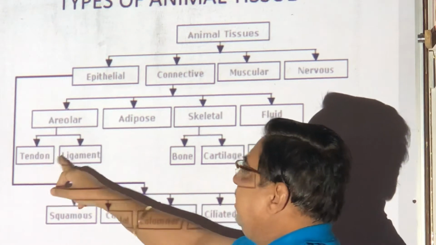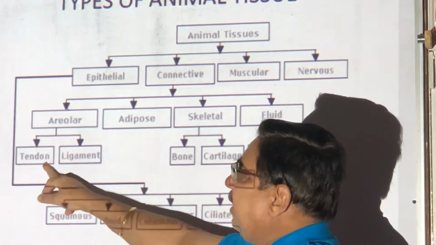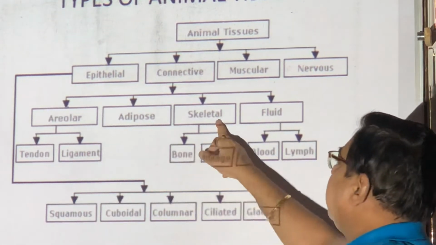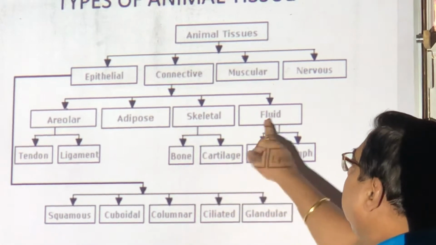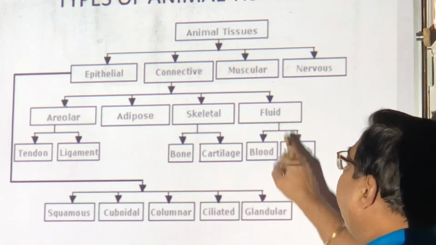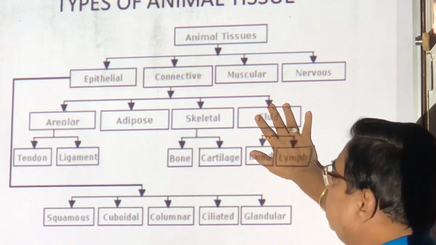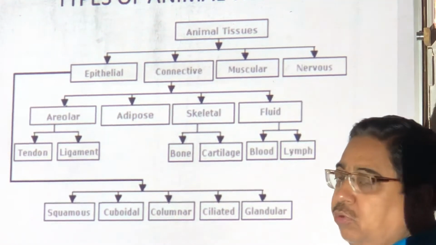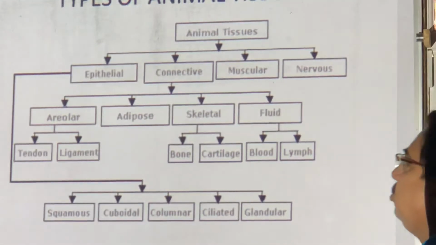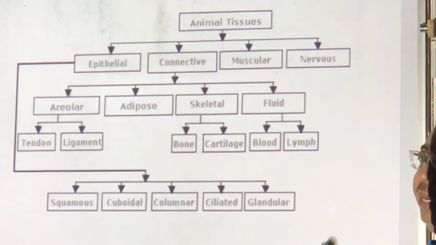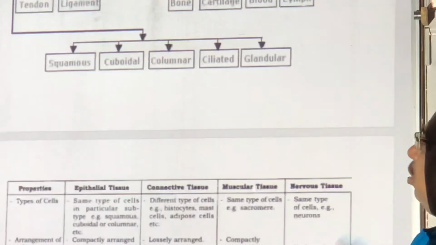Areolar is in tendon and ligaments, very important for our 11th standard. Skeletal is in bone and cartilage. Fluid is in blood and lymph, but we study this in the circulation chapter. We do not study it here, not to repeat, so we study it there. So these are the types of tissues we are going to study in this chapter, each as a short note.